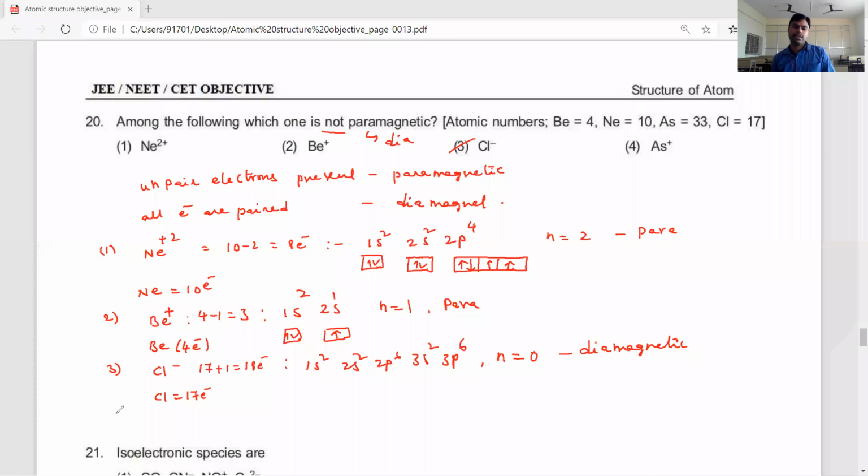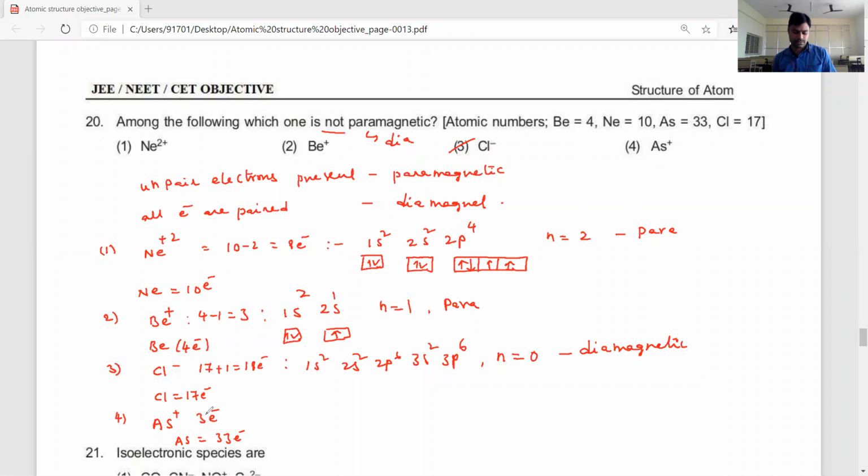In the same way, As+. As is in the group of nitrogen, phosphorus, arsenic. Arsenic has Z equal to 33, so As+ has 32 electrons.